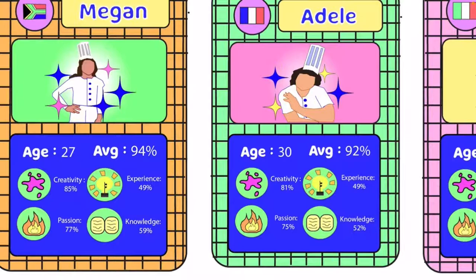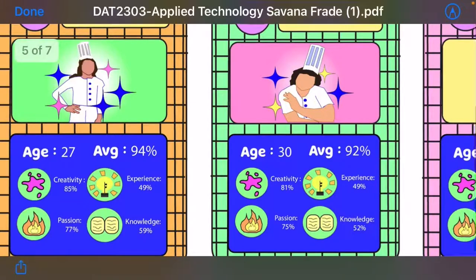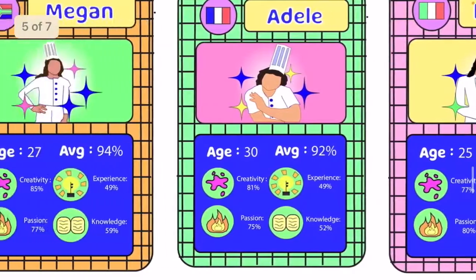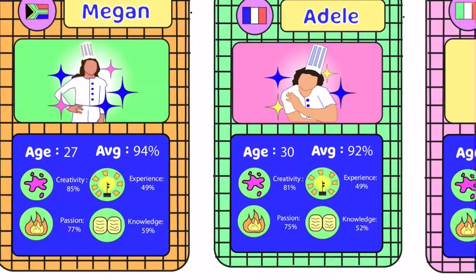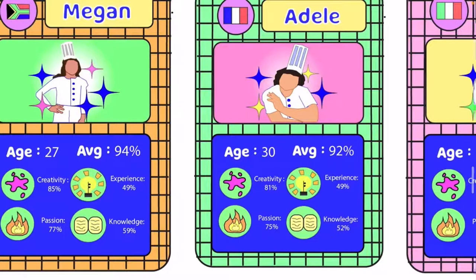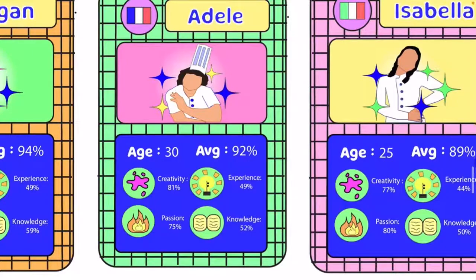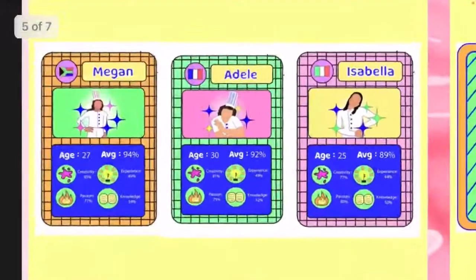As you can see, I have 94, 92, 89, and then the average of creativity, experience, passion, and knowledge. Usually their knowledge will be low, because Nailed It is basically based on amateurs.